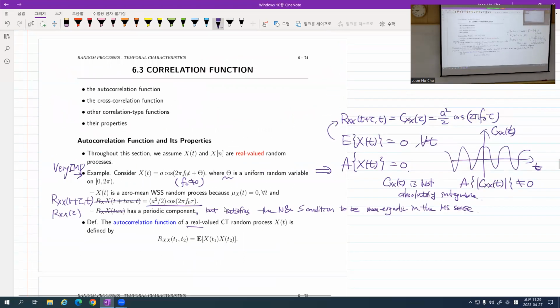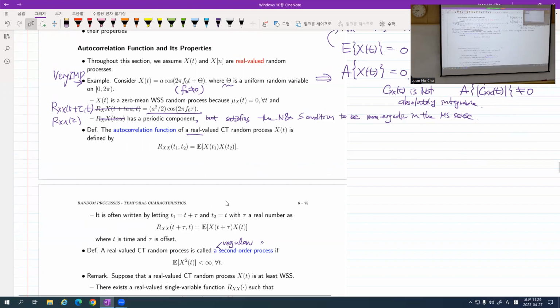So in general, for a complex valued continuous time random process, the definition is the expectation of x of t1 times x conjugate of t2.